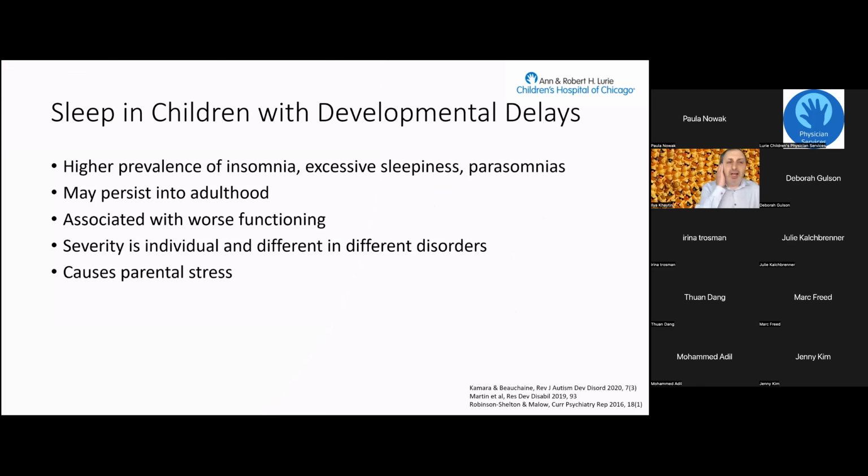So, sleep in children with developmental delay: there is a higher prevalence of insomnia and excessive daytime sleepiness in children with developmental delay and autism spectrum disorder. It is important to understand from a sleep medicine perspective that insomnia and excessive daytime sleepiness are two faces of the same coin.